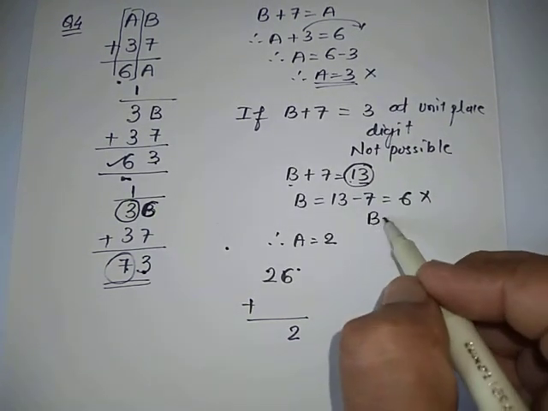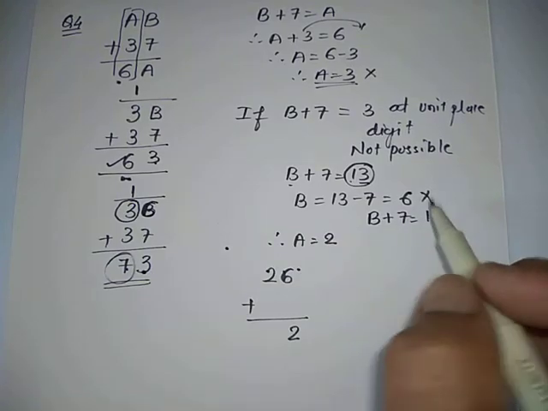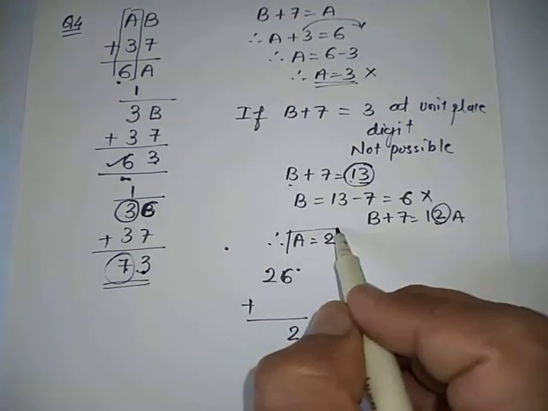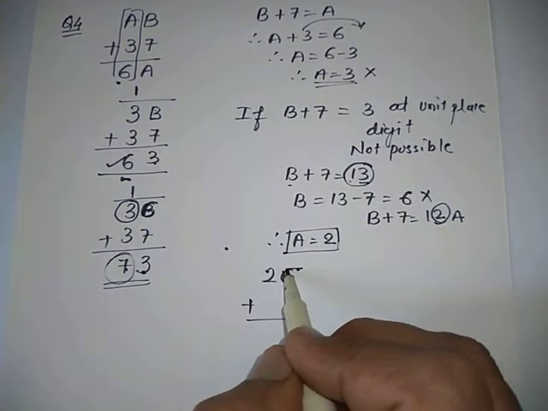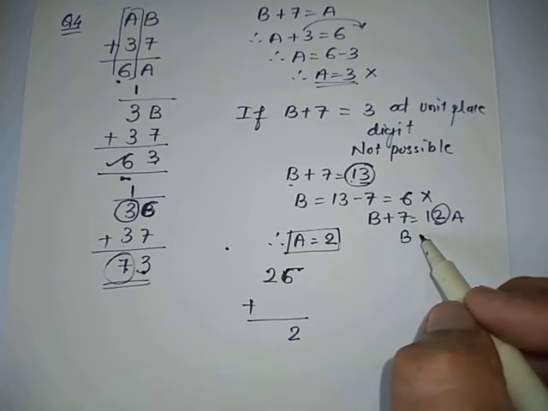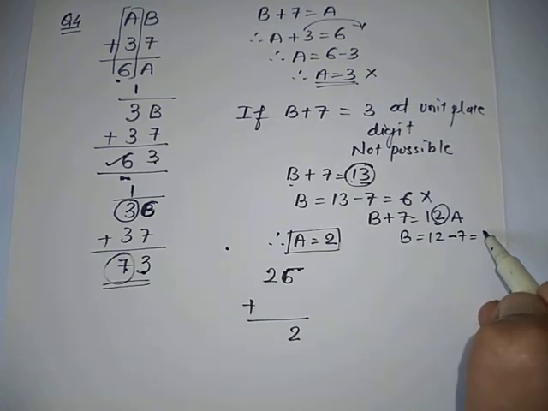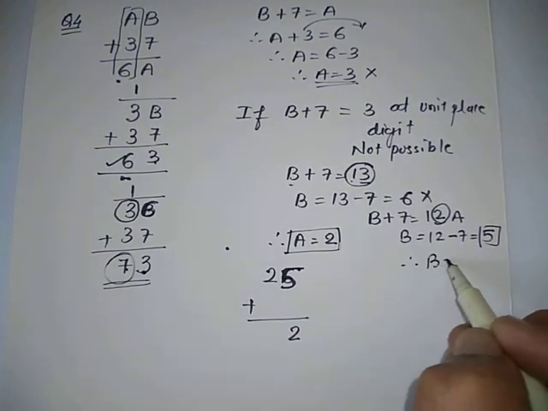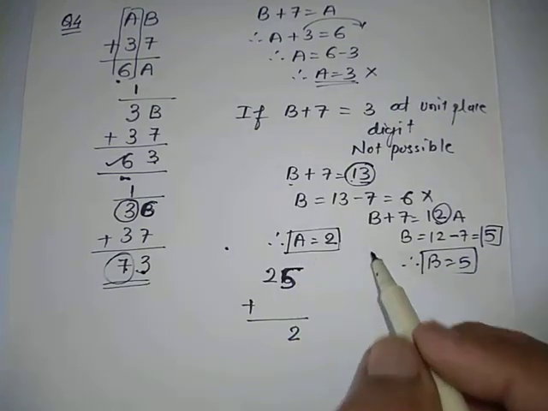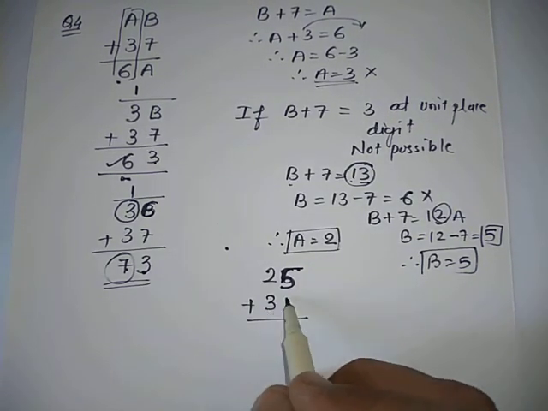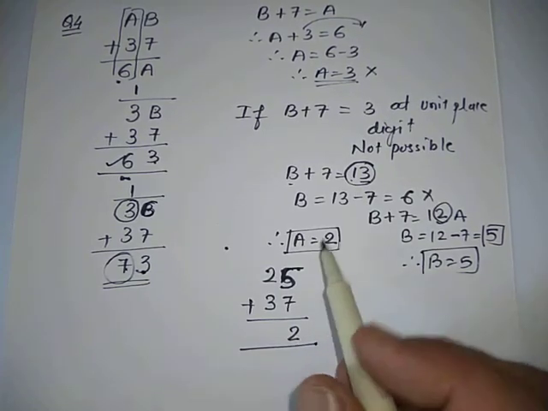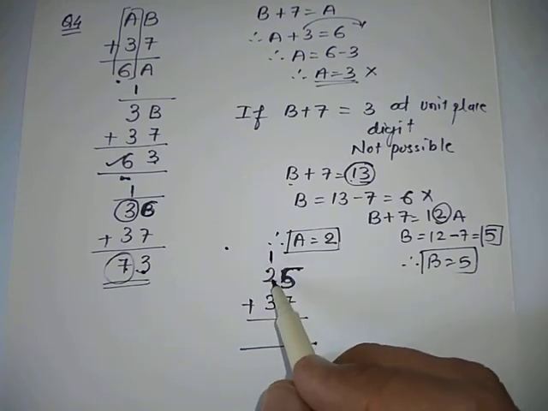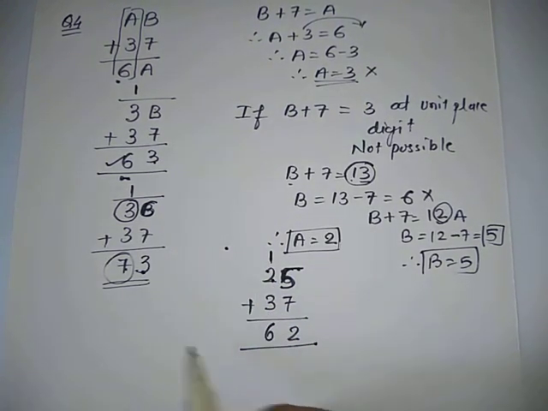So I have to take B plus 7 is equal to 12. Okay, so that the value of A is 2 and here also 2 comes. So if I subtract 7 from 12, I will get 5. So the value of B is equal to 5 and A is equal to 2, I take, then only I am getting the perfect answer. 7 plus 5 will be 2, carry over comes, and 1 plus 2 is 3, 3 plus 3 is 6.